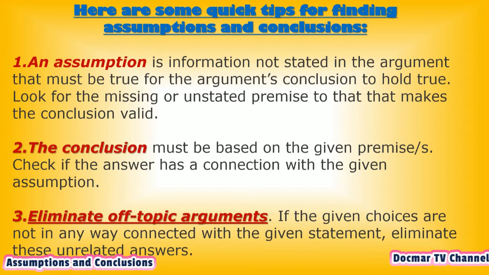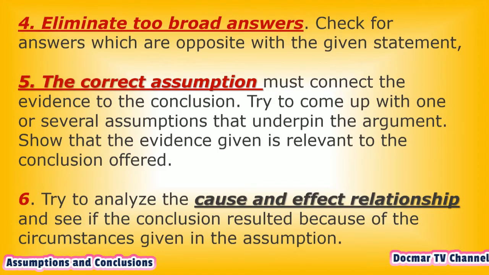If the given choices are not in any way connected with a given statement, we have to eliminate these unrelated answers. So take note of that. We should remove those that are not part of the topic of our assumptions and conclusions.